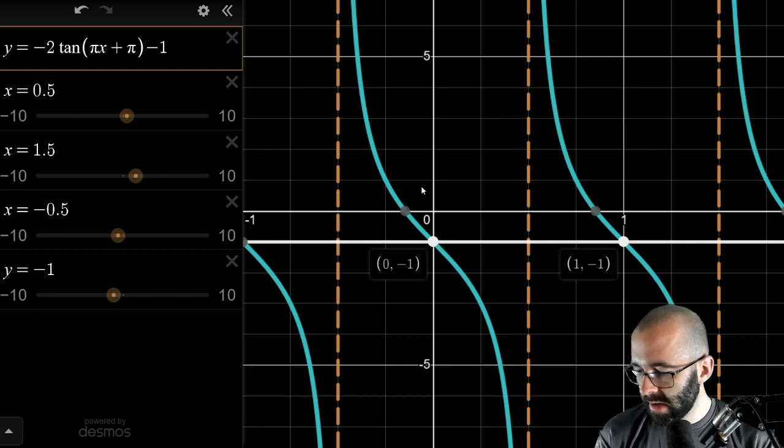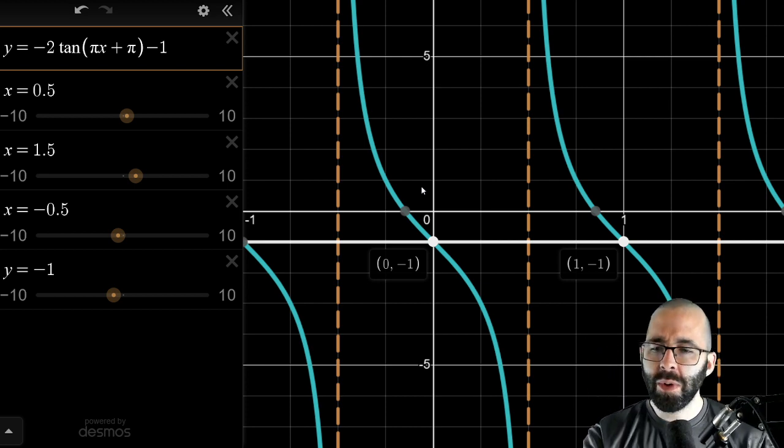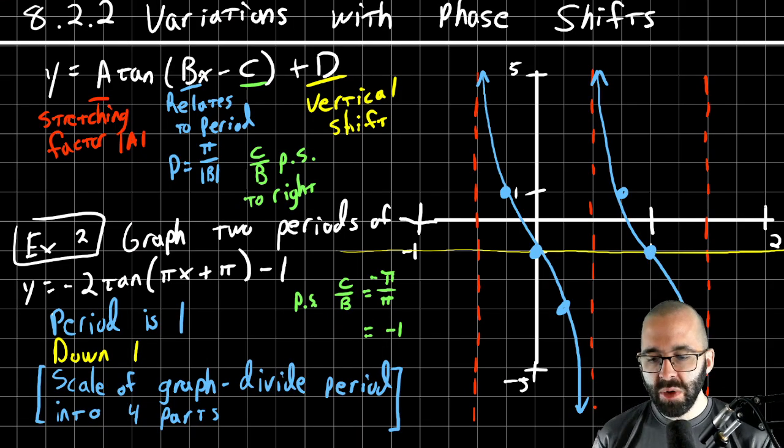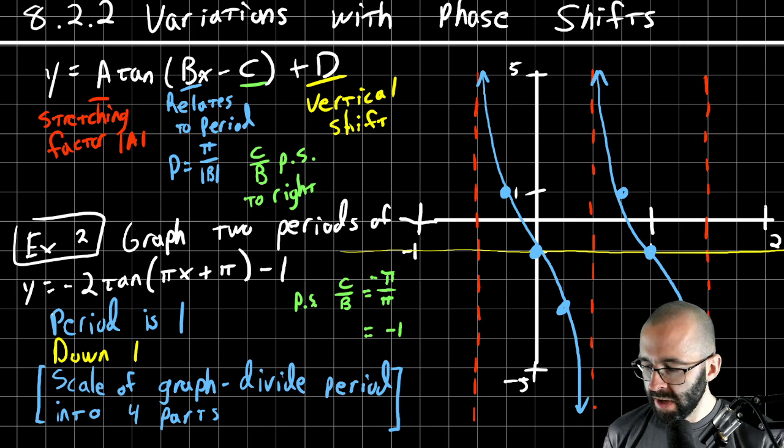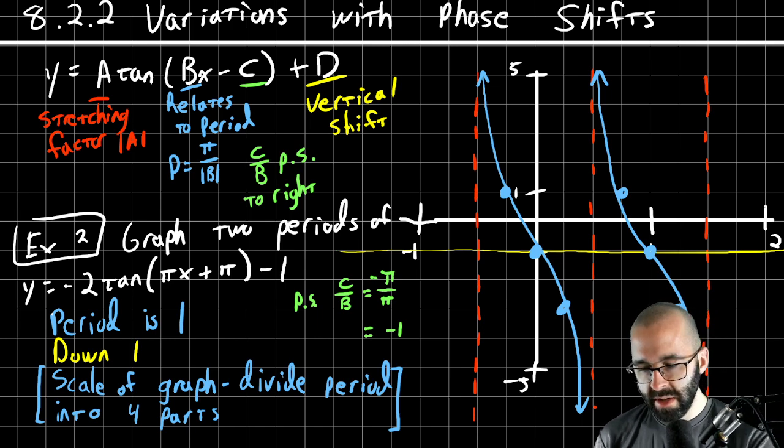And one more comment. If we wanted to identify officially the things that the homework questions asks, it talks about the stretching factor. The stretching factor is 2. It's not -2 because stretching factor is the absolute value.